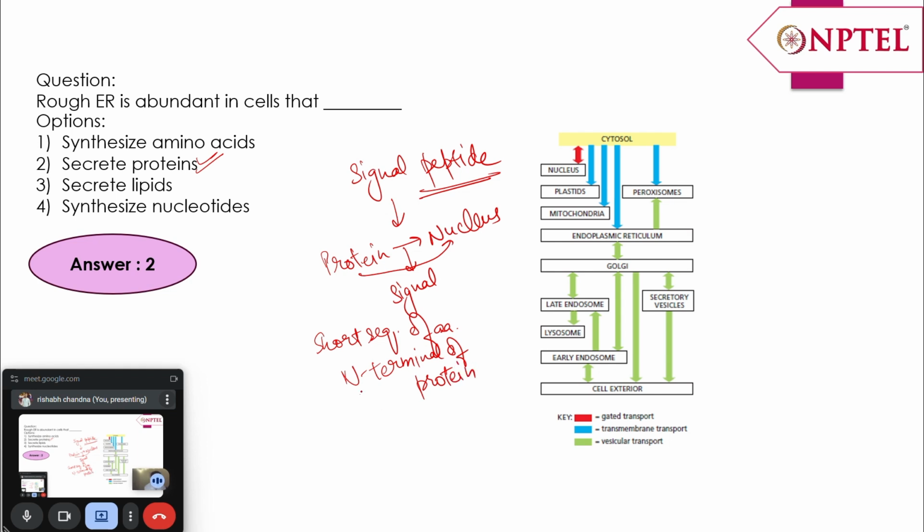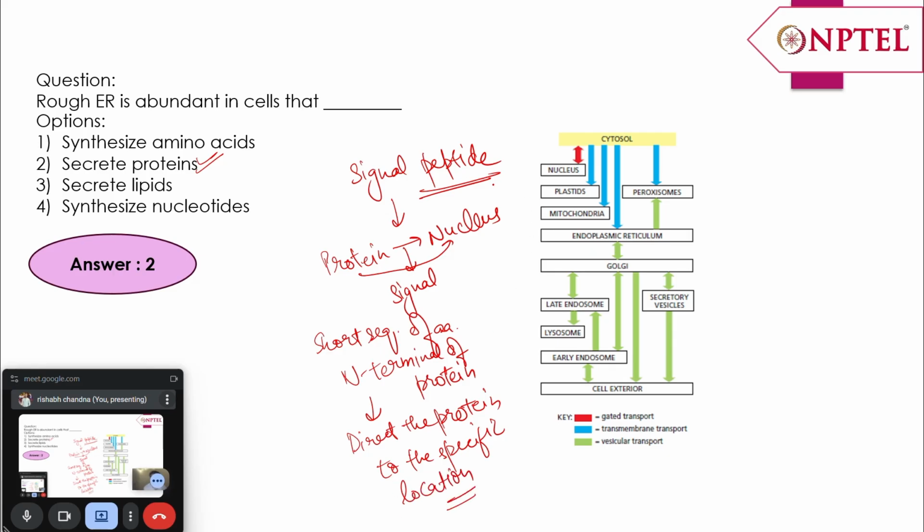Okay, so what will happen? This will direct the protein to the specific location.